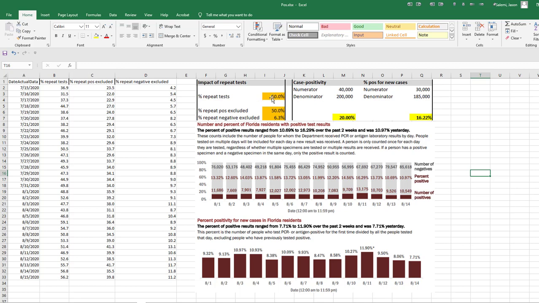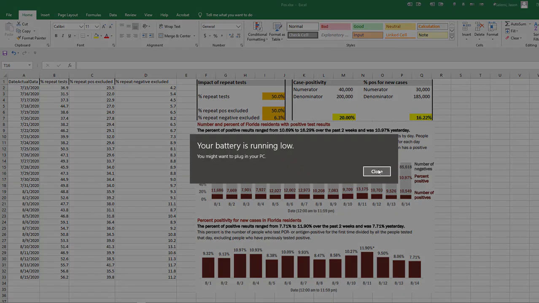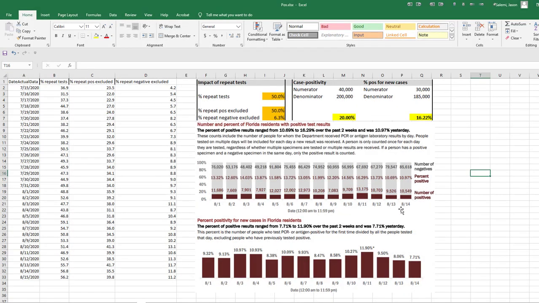Remember, scenario number 4 had a lot of repeat tests, and we had a tendency to throw out a higher proportion of repeat positives than repeat negatives. So why is this panning out more often than not? Because we see over here that we've got a much higher percentage for the case positivity than the percent positivity for new cases.